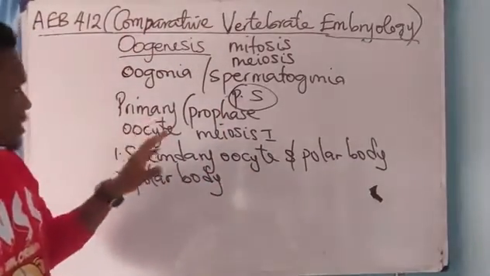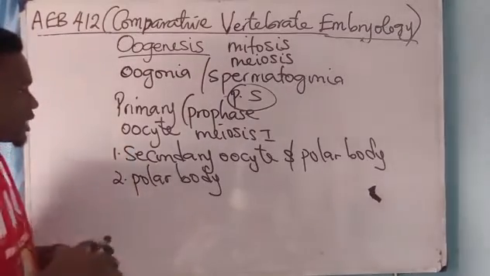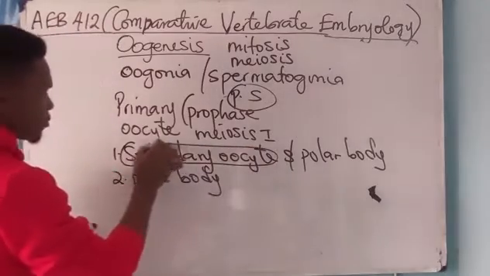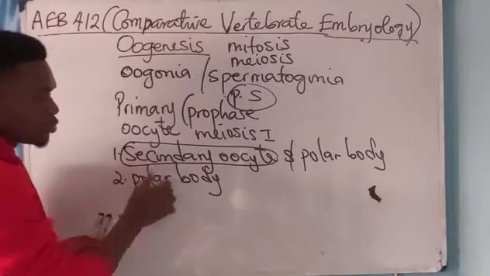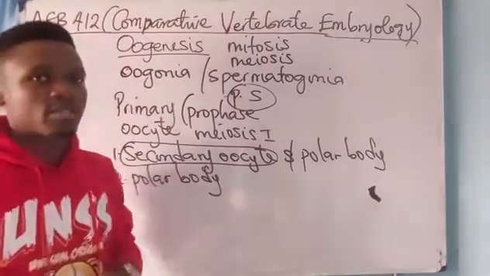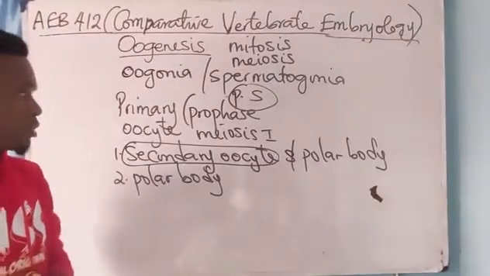But in females, of the 4 daughter cells produced, it is only the secondary oocyte that is functional, which means that the others degenerate and are considered non-functional. Take note of that.